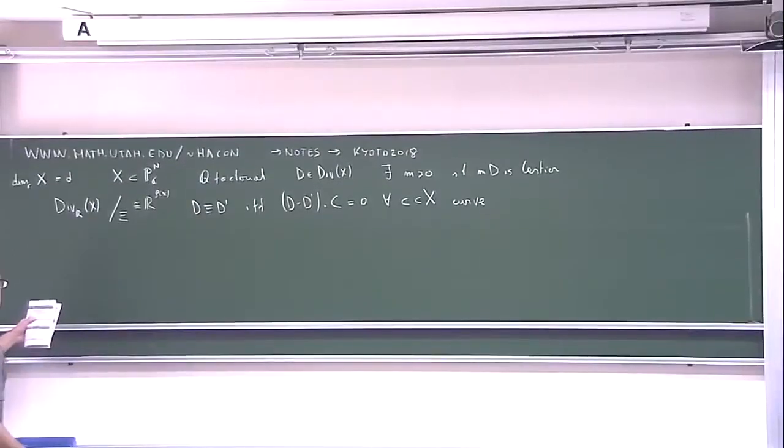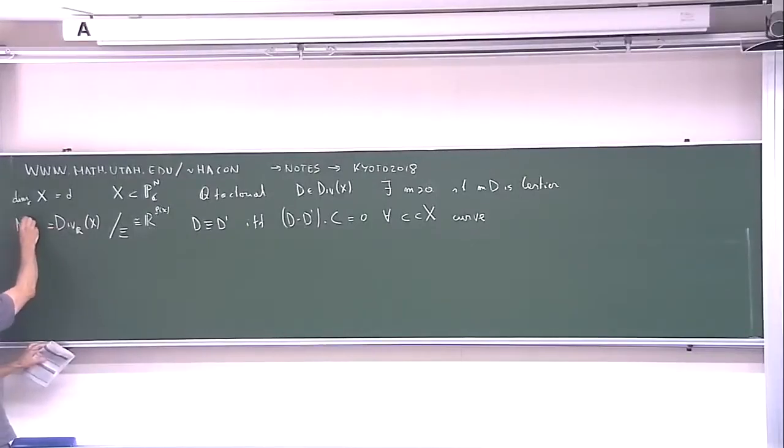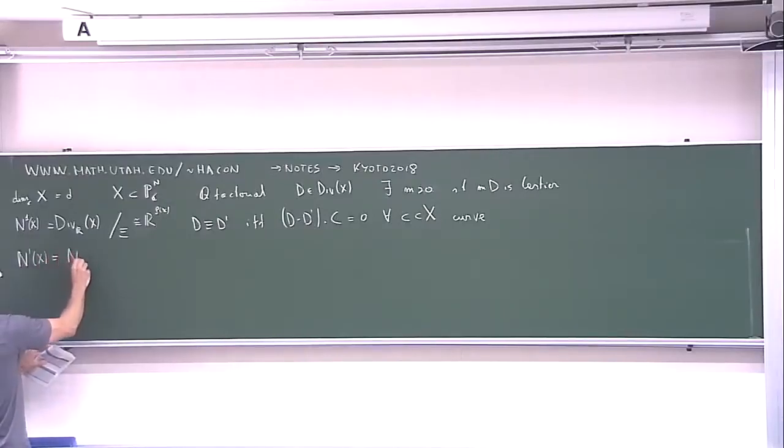We'll give this vector space a name. We'll call it N upper 1 of X, for codimension 1. And this vector space is dual to the space of curves modulo numerical equivalence, that would be N lower 1 of X dual. So this is curves up to numerical equivalence.